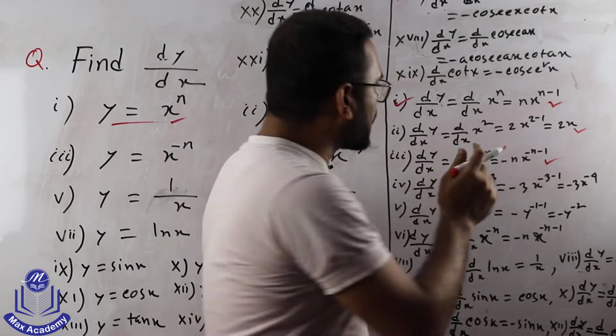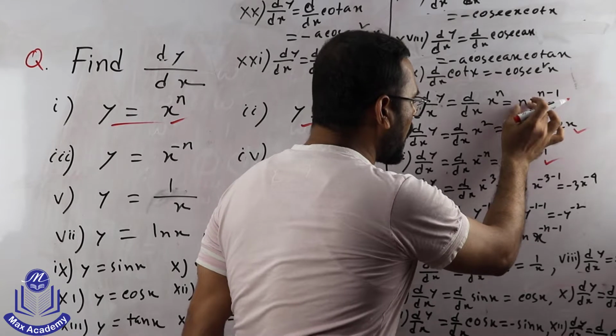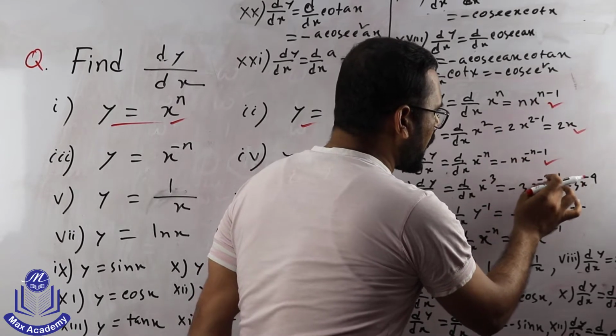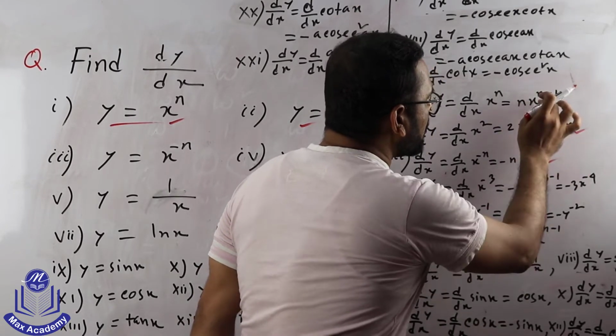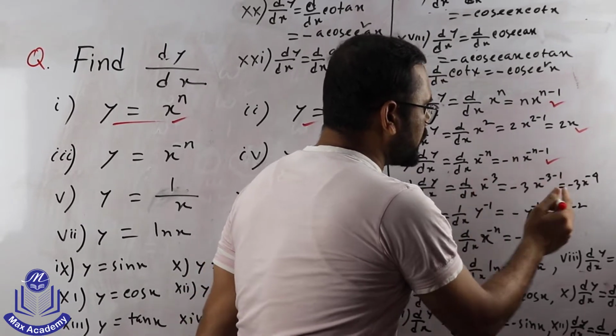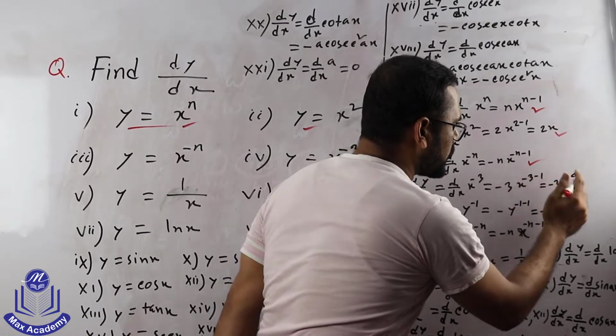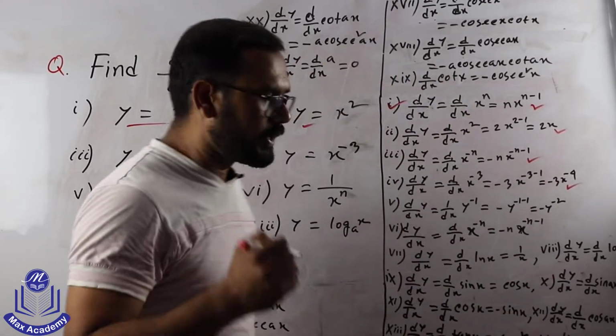Just replace this n by minus 3. You will get the result very easily. Minus 3 x to the power minus 3 minus 1. Here n, here minus n, because of the power minus 3. So you will get minus 3 x to the power minus 4. So this will be the result.